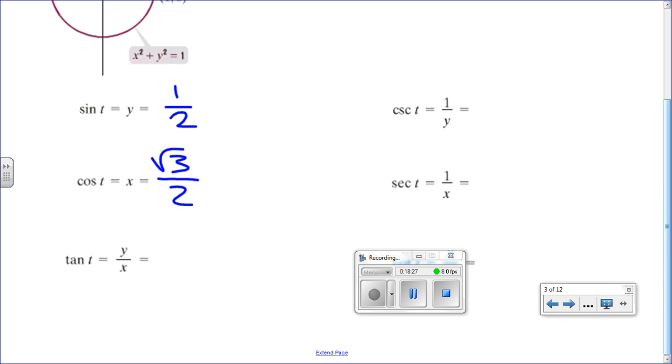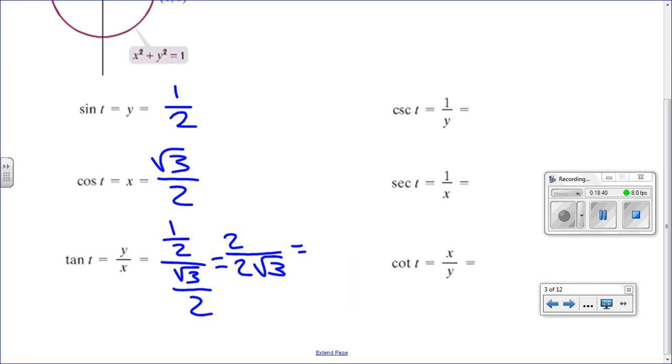Now to find tangent, we need y over x. So 1/2 over the square root of 3 over 2. And so that will be 2 over 2 square root of 3. And so that will cancel. We'll have 1 over the square root of 3.